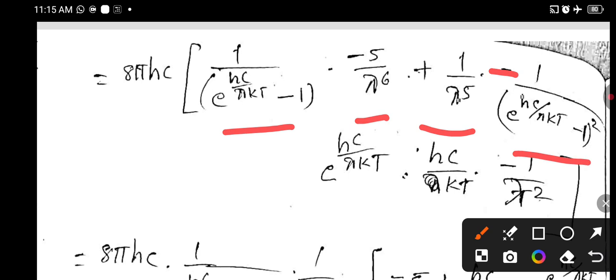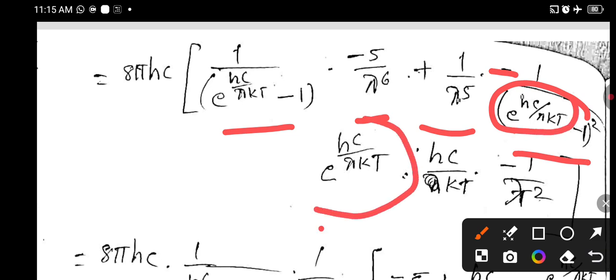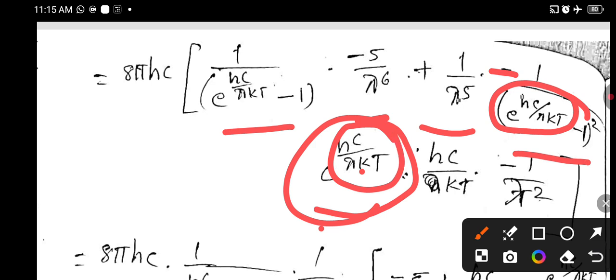But here the term e to the power of hc/lambda kT is there. Again we differentiate; e to the power of x remains the same on differentiation, so e to the power of hc/lambda kT remains the same, with the coefficient hc by lambda^2 kT.